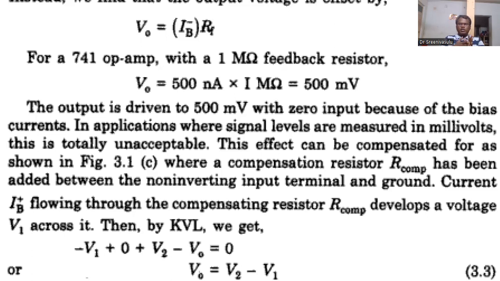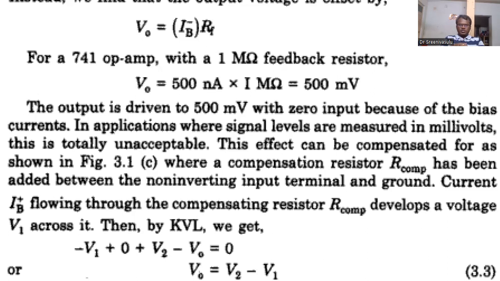So this offset can be compensated as shown in the figure, where a compensation resistor is added between the non-inverting input terminal and ground. Whatever problem we are getting is compensated if we connect one compensation resistor between the non-inverting terminal and ground.